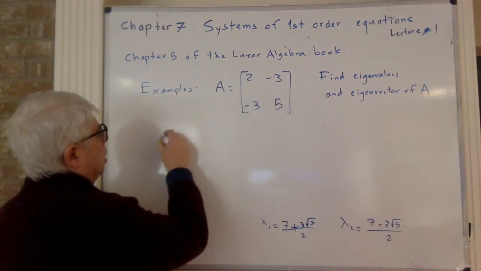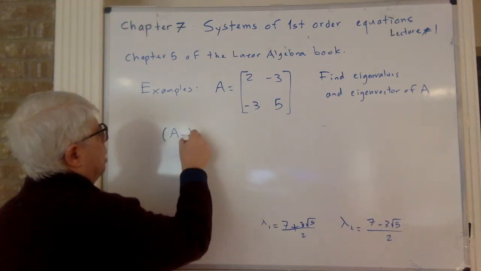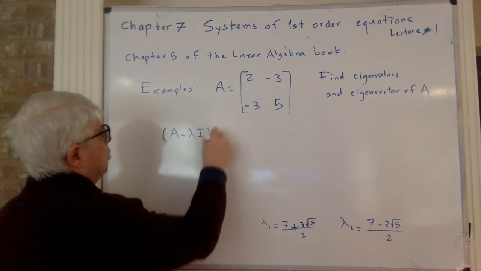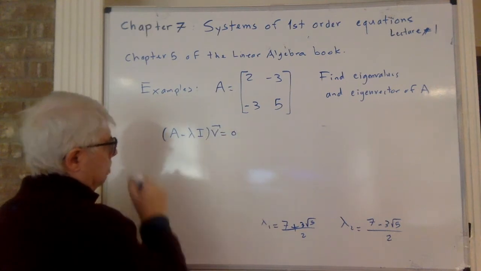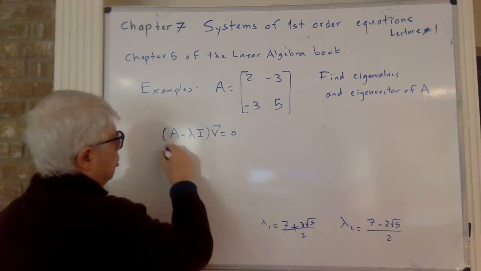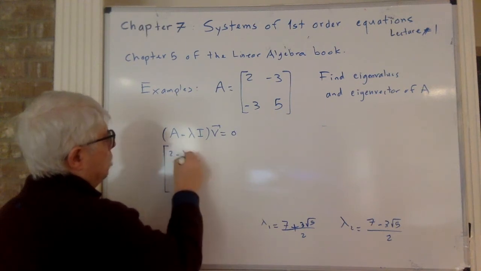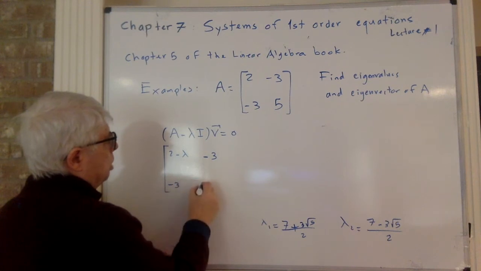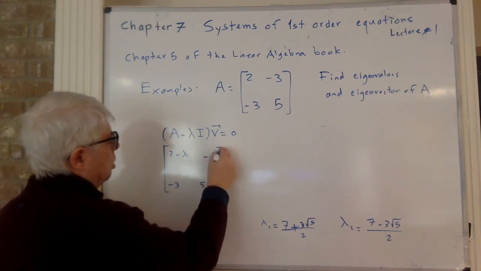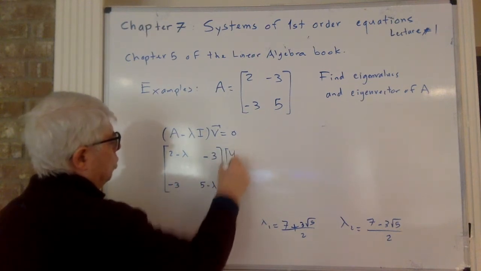A minus lambda I times V is 0. So what is A minus lambda I? That is 2 minus lambda, -3, -3, 5 minus lambda, times V1, V2, equals 0, 0.